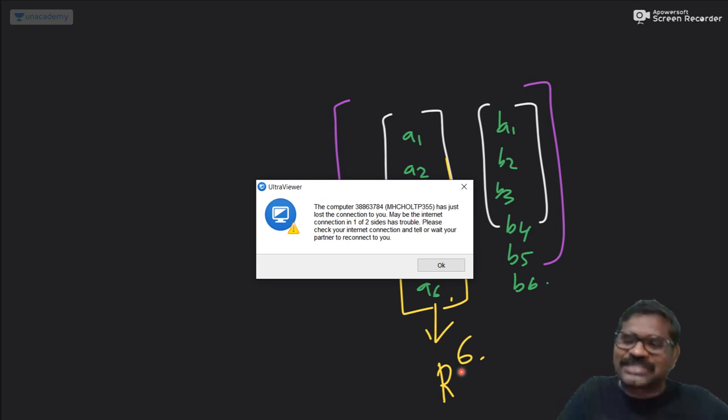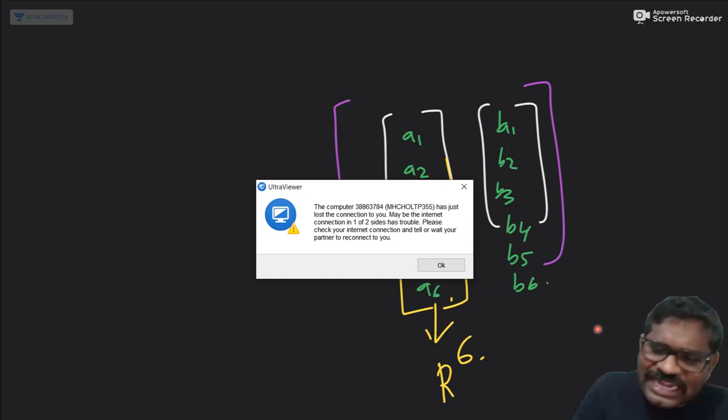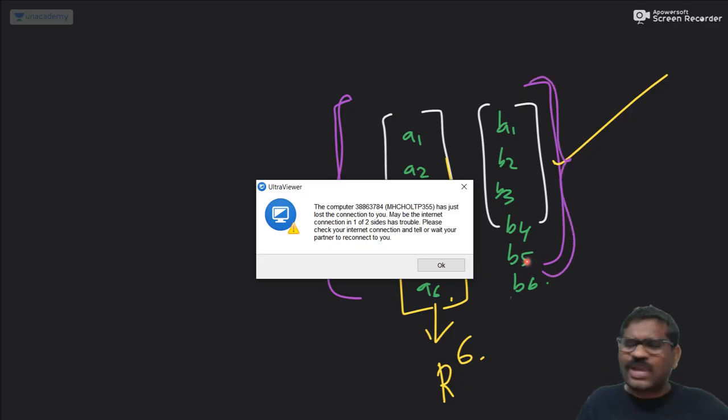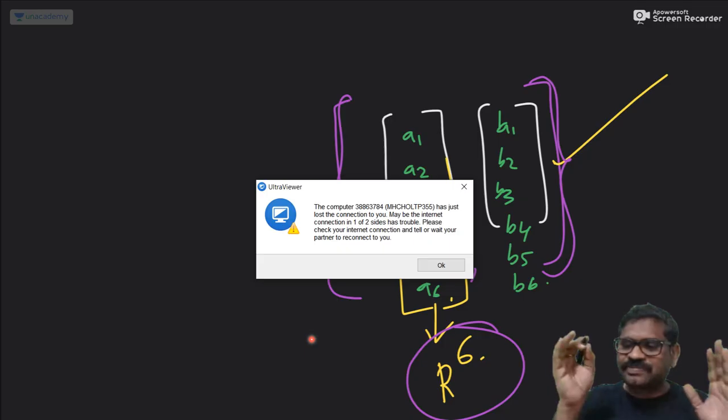In that six-dimensional vector space, this is a subspace. Why is this called a subspace? If you have six independent vectors, you can call it a basis for R power 6. But you have only two vectors, so it is a subspace of a six-dimensional vector space. Catch my point?